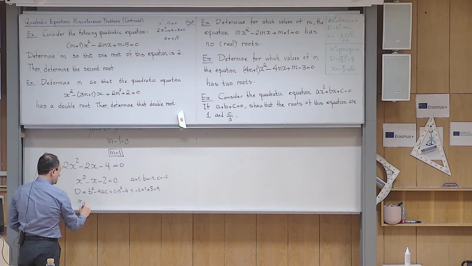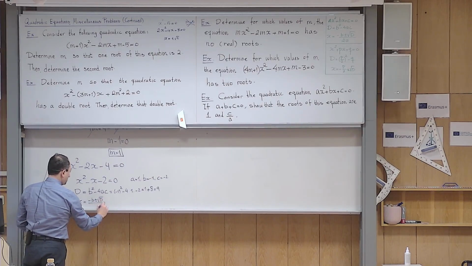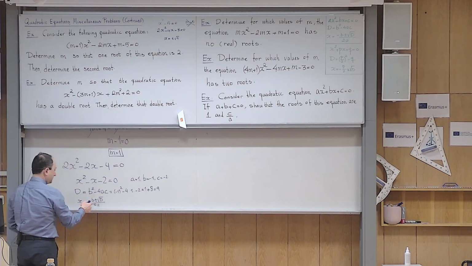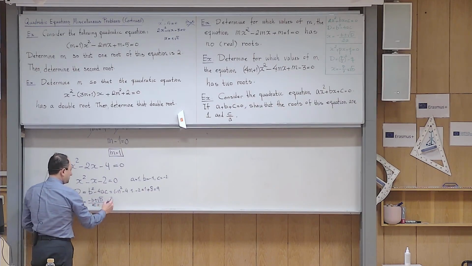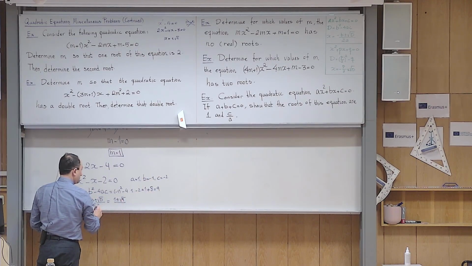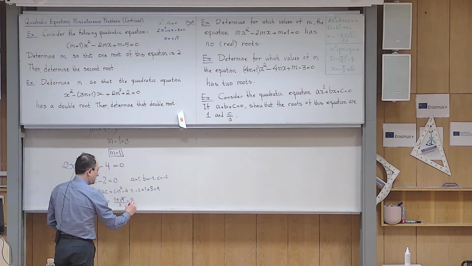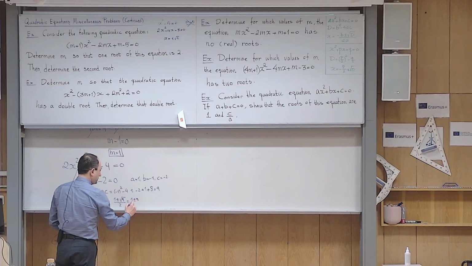So x becomes what? Minus b plus or minus the square root of D, divided by 2a. Yes? So what happens? Minus b becomes 1, plus or minus the square root of D, which is 9, divided by 2 times a, which is 2. But this is very simple. It's minus b, which is 1, plus or minus 3, divided by 2.